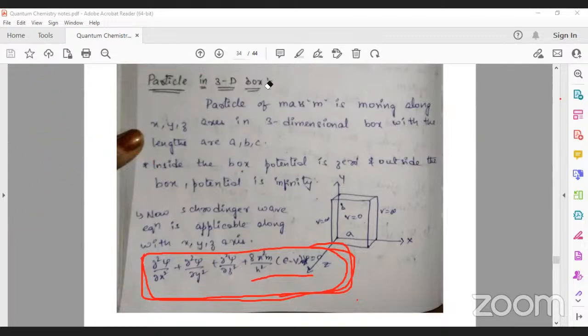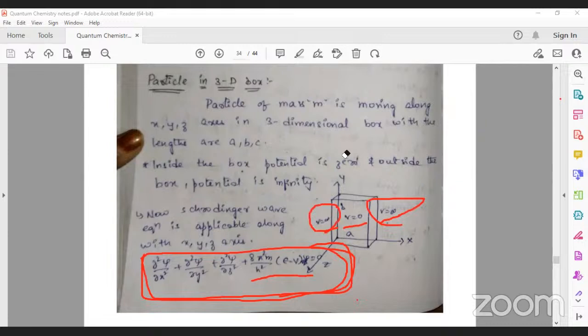The same boundary conditions are there: V is equal to infinity, then V is equal to 0, and then V is equal to infinity. That means inside the box the potential becomes 0, and outside the box the potential becomes infinity.